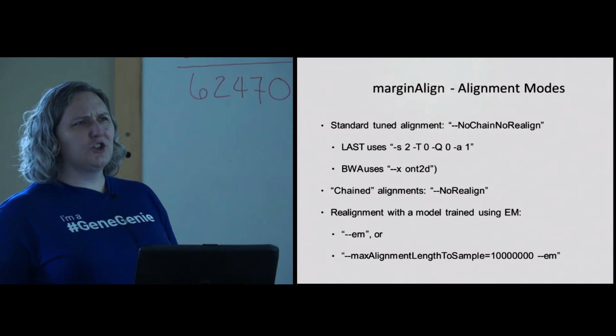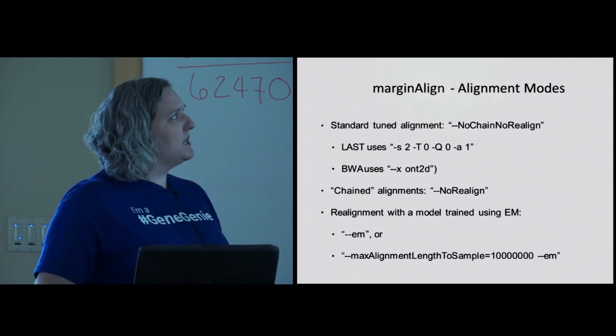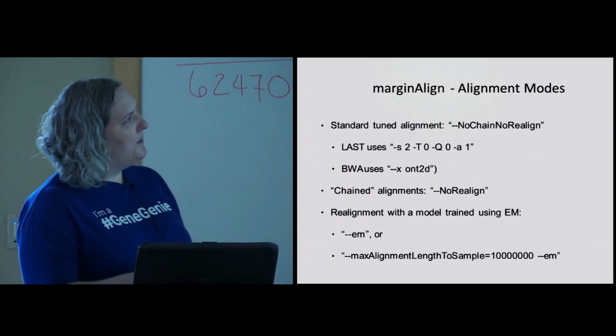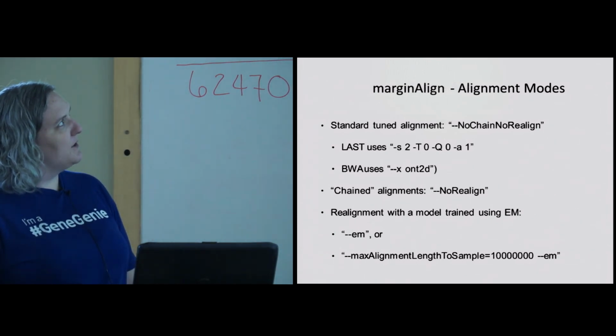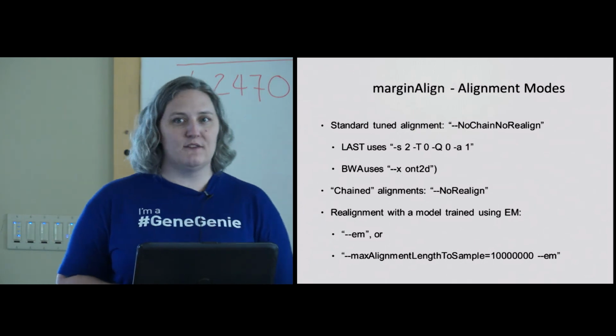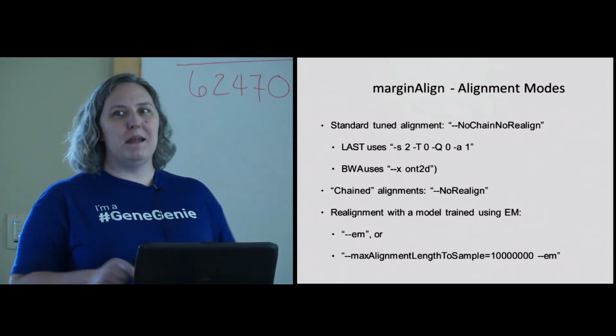The most recent version, I can't remember which one it is, but it's got that 2D parameter to use. You can set it to do in chaining or non-chaining approaches, but this EM mode is what we're going to focus on. This is the significant difference in margin align versus some of the other tools. This is an expectation maximization function. So it's going to take the alignments from these guys and make them better.